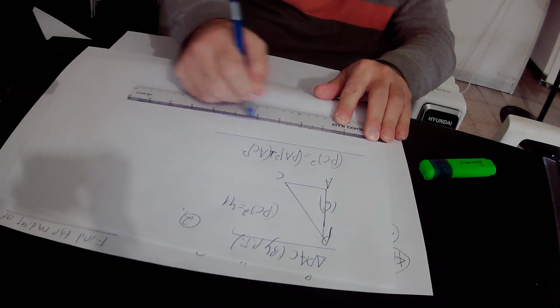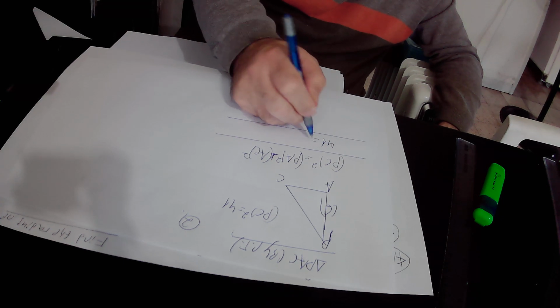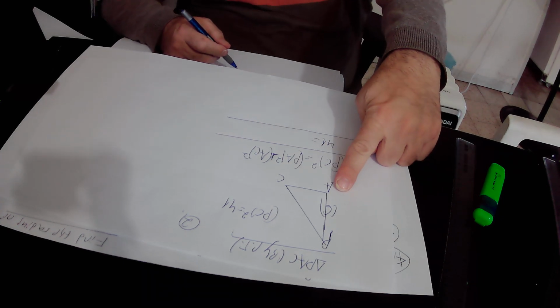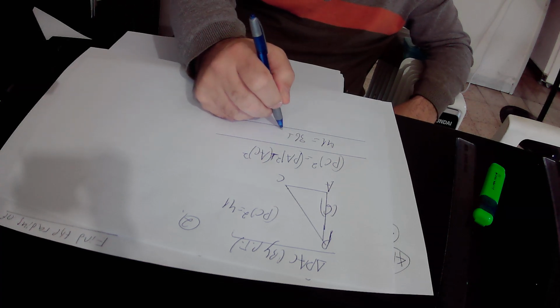PC squared is 41, so 41 equals PA squared. PA is 6, therefore PA squared is 6 squared, that is 36, plus AC squared.